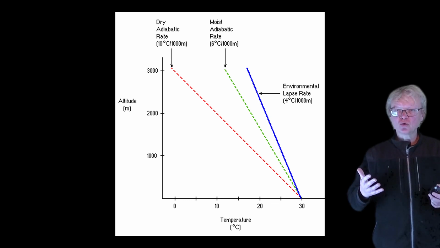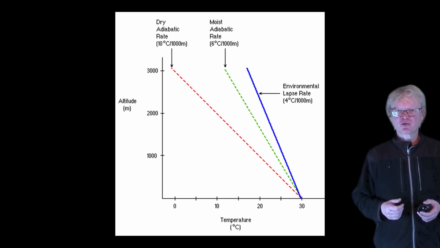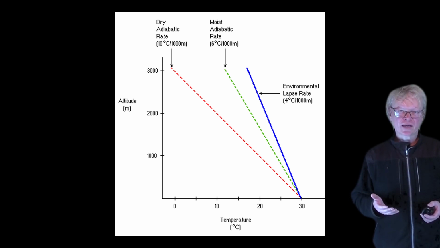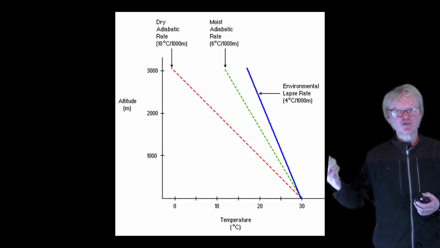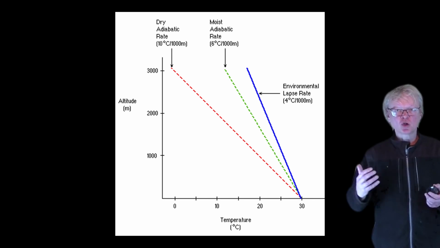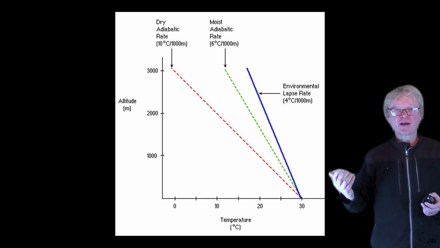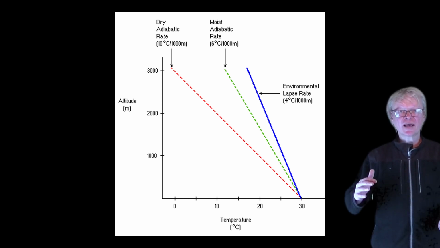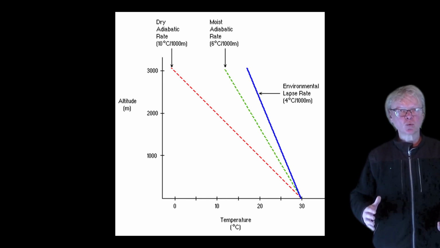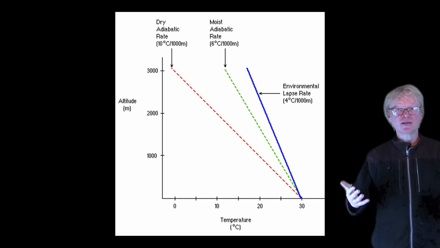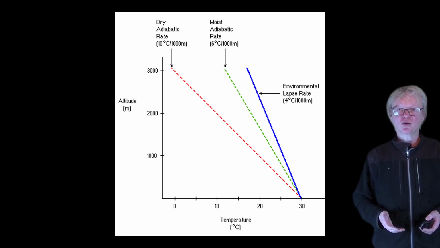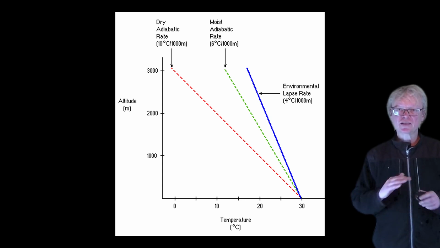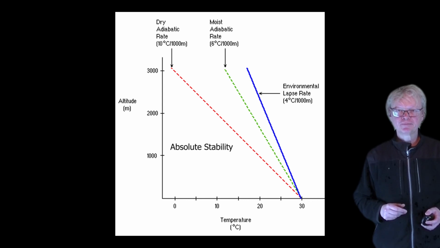If air is going to cool either by the dry adiabatic lapse rate or the wet adiabatic lapse rate at a greater rate than the air around it, than the environmental lapse rate, then it's always going to be colder than the surrounding atmosphere. So you will never get that air rising. It will never be warmer than the surrounding atmosphere, so it will never rise by itself. So that air will just stay on the Earth's surface. And we say that's absolute stability.